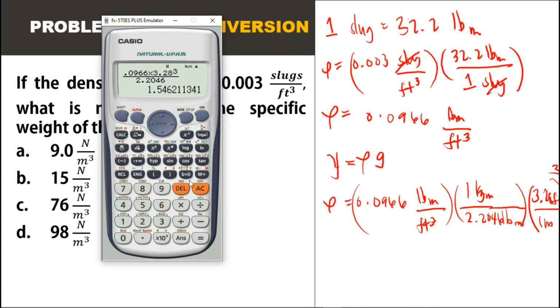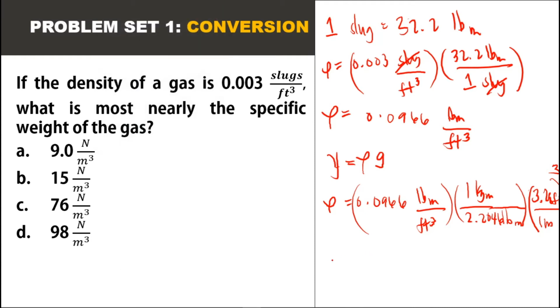That gives us 1.546 kilogram mass per cubic meter. That is 1.546 kilogram mass per cubic meter.